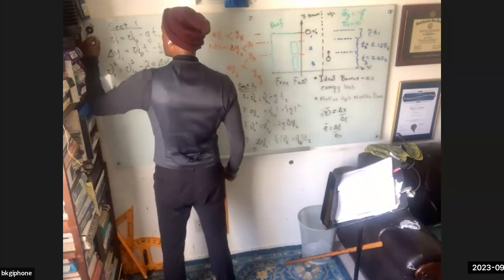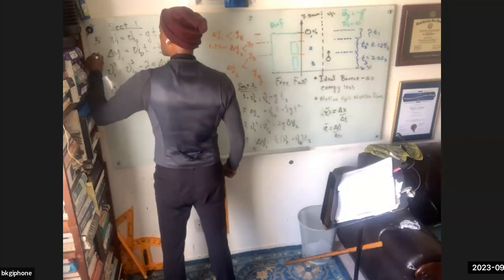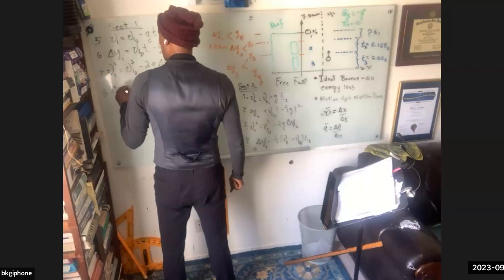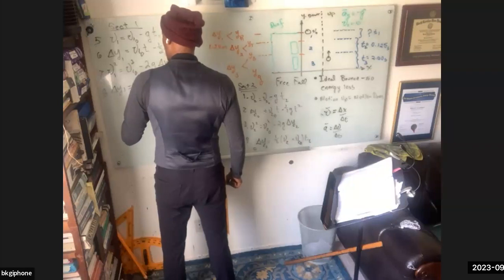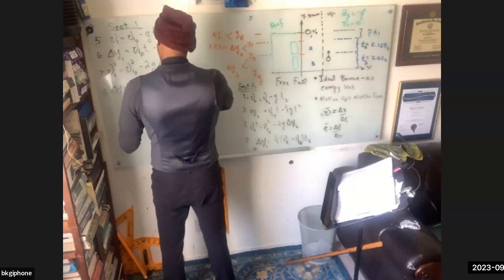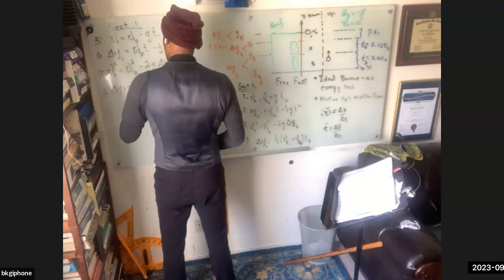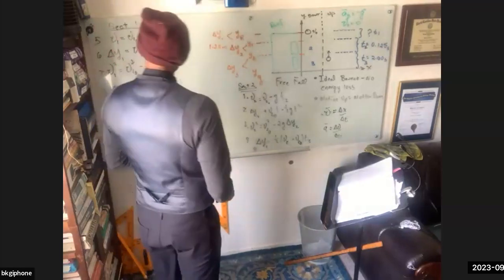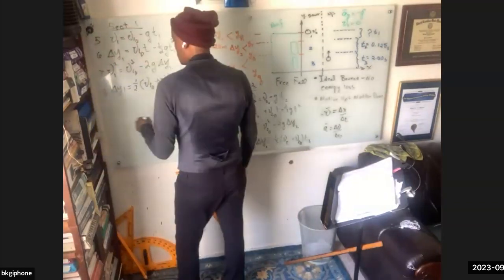So 4, 5, 6, 7, 8. Now delta Y equals 1/2 V1 naught plus V1 times T1. While I'm at it, I might as well do the last one too.